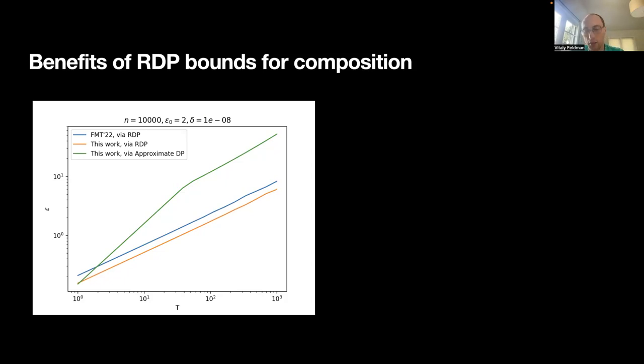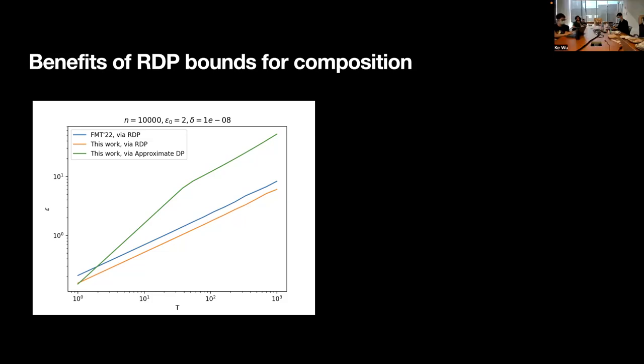The other way is to do the composition in Renyi differential privacy. The blue and orange lines are both our Renyi differential privacy based bounds, the previous one and the current one. We compare them with the green one, which is just doing it with epsilon-delta DP. And the point is, as you can see, going via Renyi differential privacy is very useful in this case.